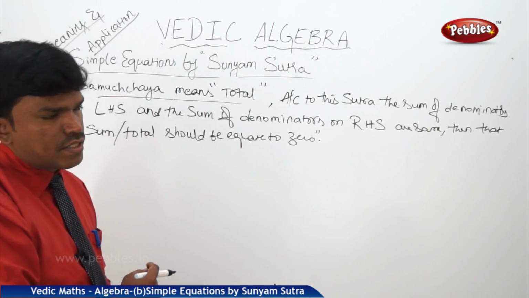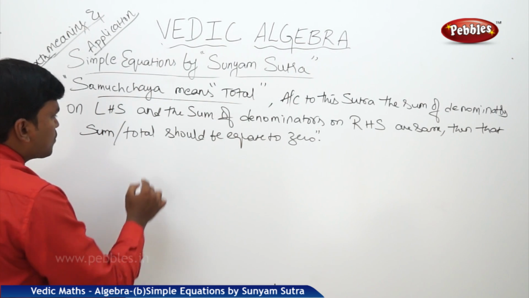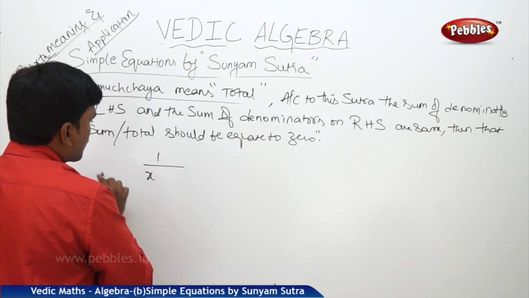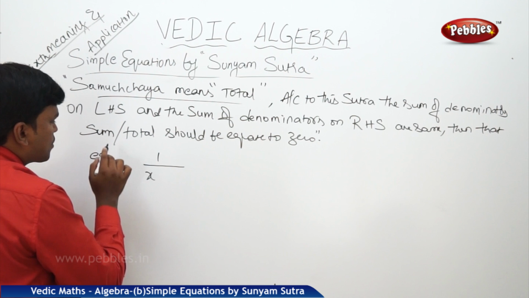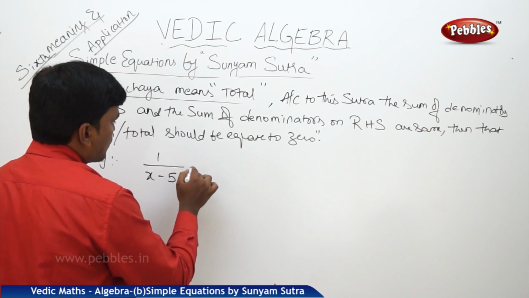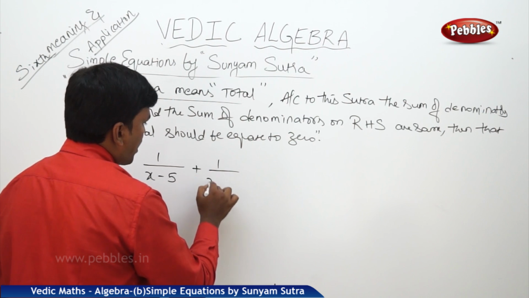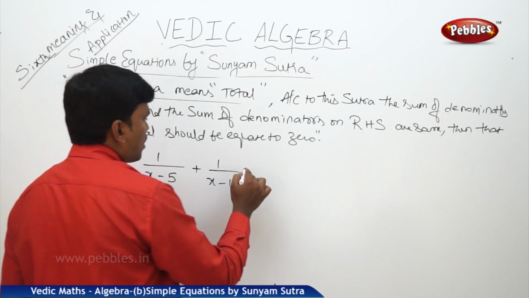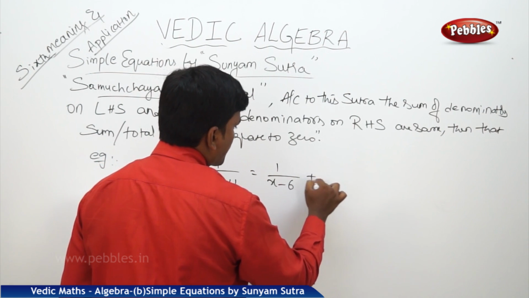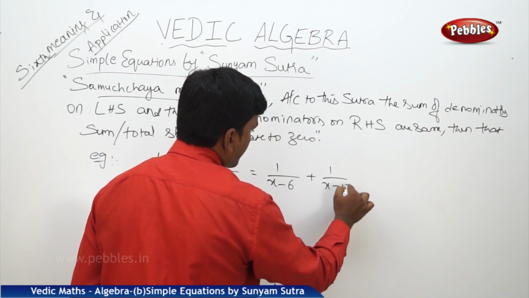Okay, so let us take one example here. This is the first example we will see. 1 by x minus 5 plus 1 by x minus 11 equal to 1 by x minus 6 plus 1 by x minus 10.